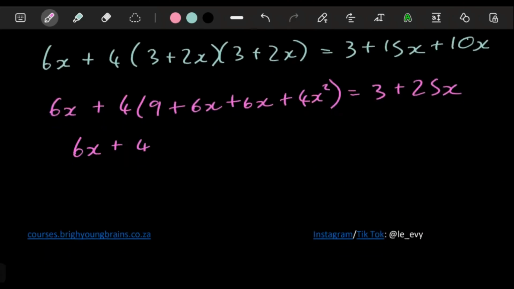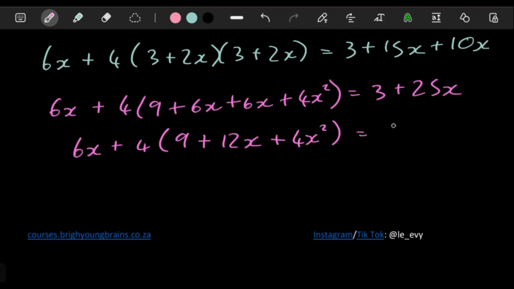The good news is, as long as you take your time, you're likely to not mess up, because normally messing up happens when you try to do too much in one single line. Just take it slow. But anyways, I think we can take this to one side. This is going to be -3 and -25x.